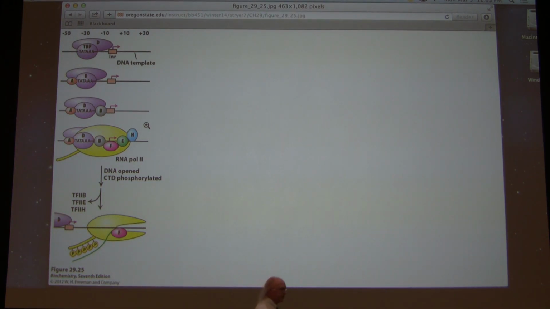Now, I don't put this on the screen to give you a lot of different proteins to memorize. That's not the point. The point is to show you very visually to start that this process, even with this relatively simple scheme here, is clearly much more involved than it is in prokaryotic systems.